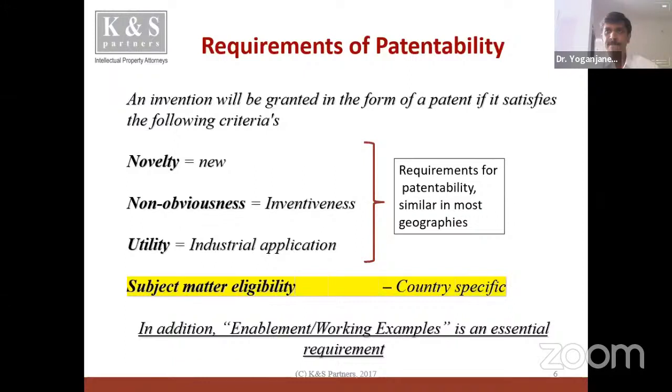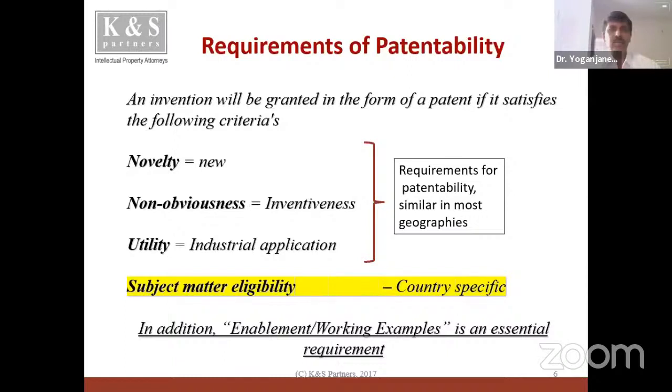The second one is non-obviousness. Non-obviousness means it has to have an inventive step. We'll see details about it in the later slides. Utility means it should have some kind of industrial application.